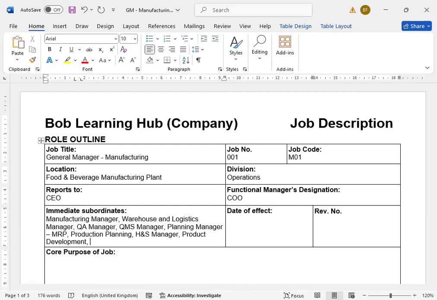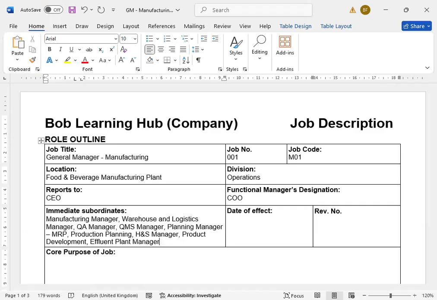manager that reports directly to the general manager, GM manufacturing, is the effluent plant manager. Okay. For a huge operation, food and beverage, there is always an effluent plant installed to manage the solid waste and the wastewater treatment plant.